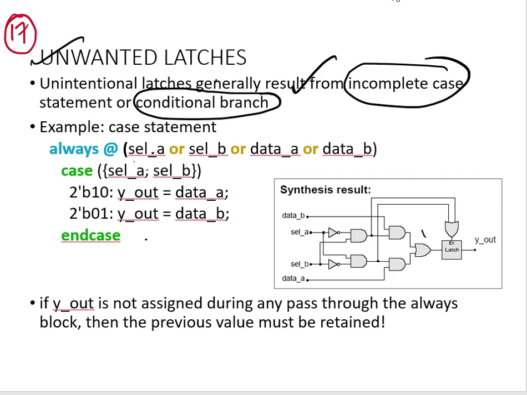Means if you mention if, but you forget else, if there is an if statement but no else part, that will generate an unwanted latch. Incomplete case means, see here, the select bit is 2 digits, that means a 2 bit signal.